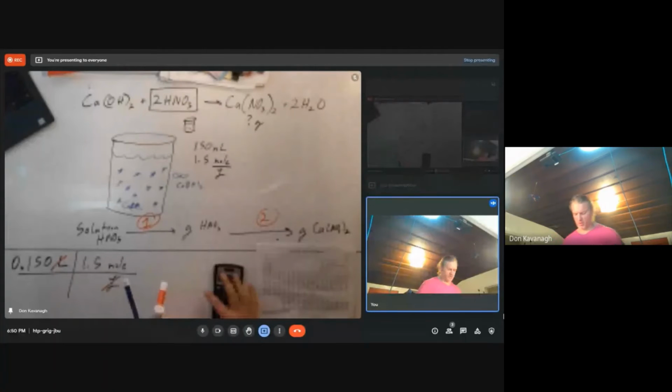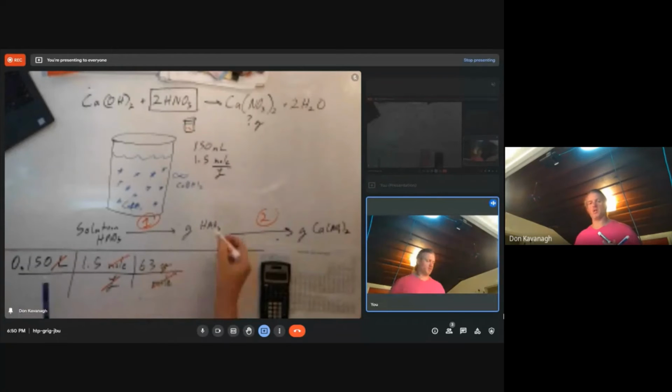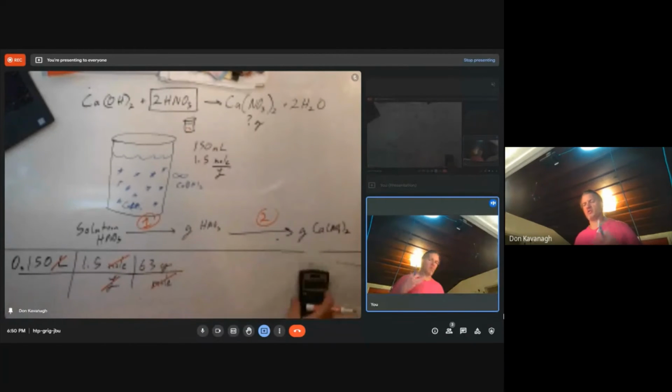It's 63 grams per mole. Now I got to make that unit mole cancel. Whoa! Look at this. At the same time, by making the mole unit cancel, I solve for what I'm looking for. It's not a coincidence, but you should always persist to cancel a unit when stuck.